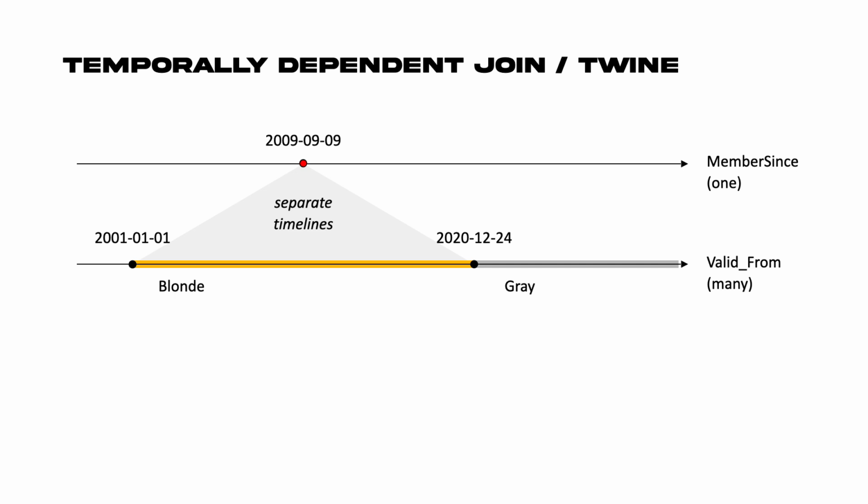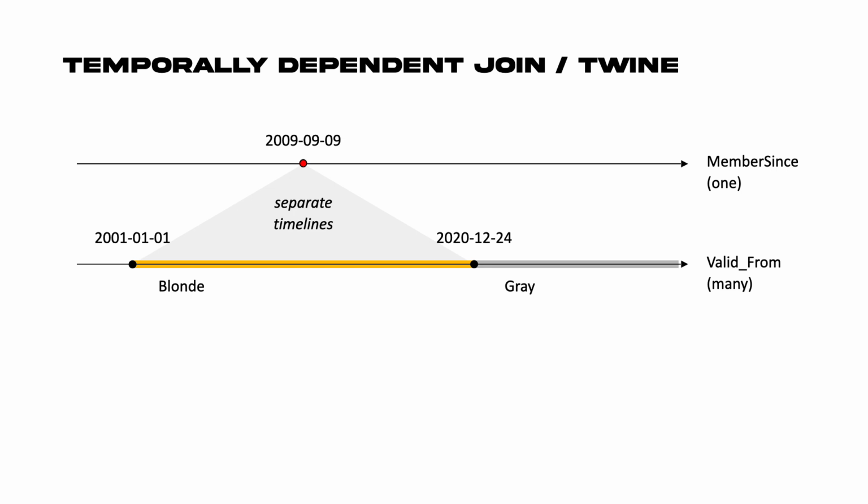We have this point in time 2009, and we want to know between which points in time on the other timeline does this fall, in order to figure out that this is the period when this person had blonde hair. So we had one point in time on the member since timeline. There's one point for each person, but there could be many points in the valid from timeline in the hair color table.